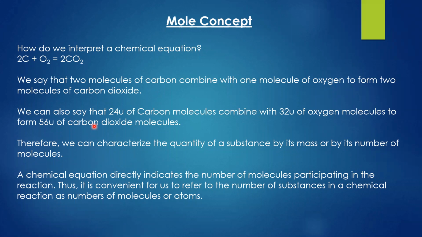We can say that two molecules of carbon combine with one molecule of oxygen to form two molecules of carbon dioxide. We can also say that 24 units of carbon combine with 32 units of oxygen. How 24? A single carbon atom has 12 units, so 2 carbon atoms are 24 units. Similarly, 1 oxygen has 16 units, so 2 oxygen have 32 units. They combine to form 2 molecules of carbon dioxide gas. That is 32 plus 12, which gives 44.